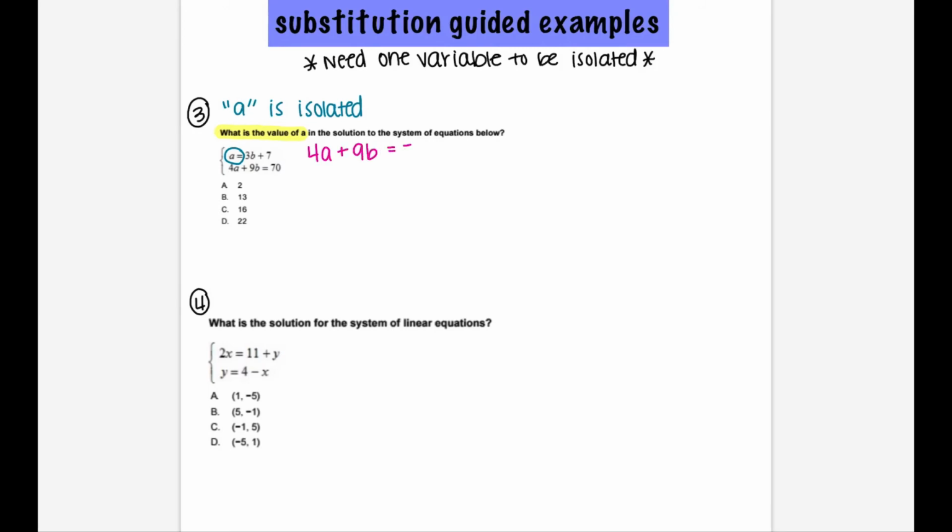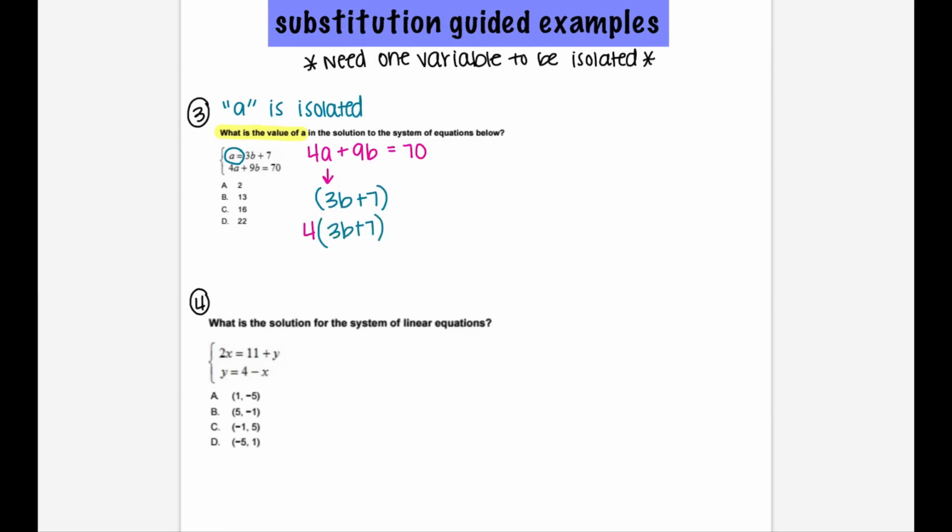So I have 4a plus 9b equals 70. Well, I know that a is the same thing as 3b plus 7. So I can rewrite that, and I'm going to plug in 3b plus 7 in for a.